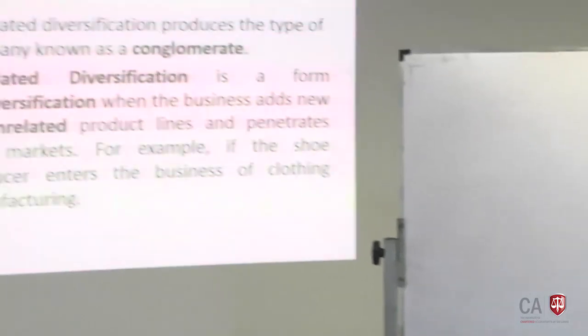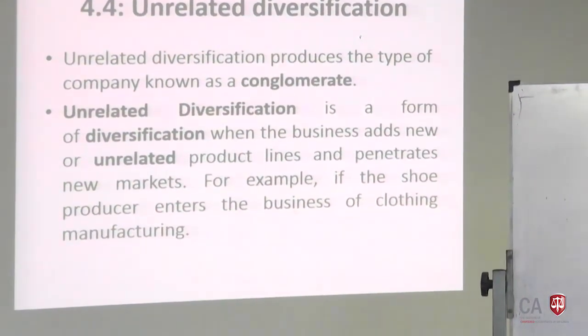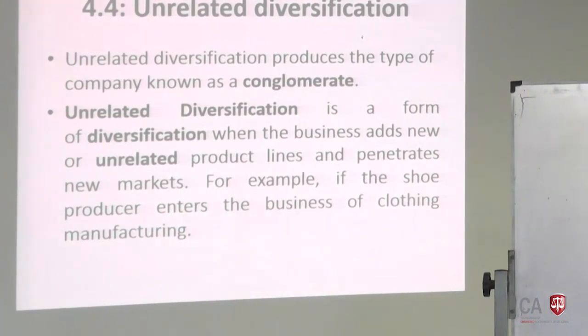Now, what is unrelated diversification, right? Unrelated diversification produces the type of company known as a conglomerate. So, you are in different industries, that is called a conglomerate. In there, what we normally do is add new unrelated product lines and new products, right.